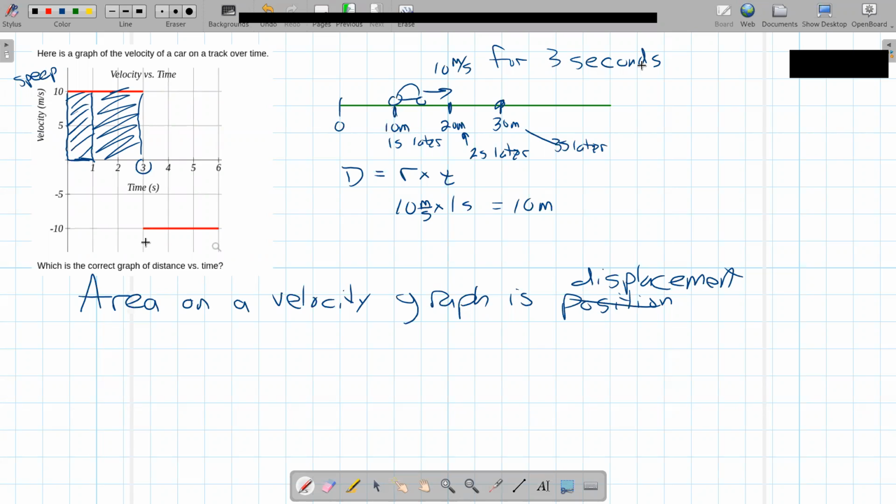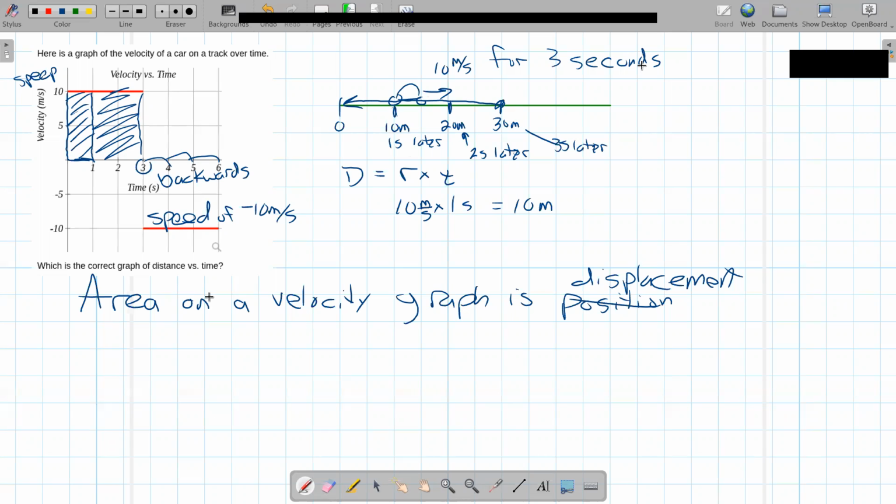And then all of a sudden the car starts going backwards, and that's what this tells me here. So over here, I get a speed of negative 10 meters per second, which means the car starts going backwards on the track. And it does this for 1, 2, 3 seconds. So then it's gone backwards in this case. Let's see, rate times time.